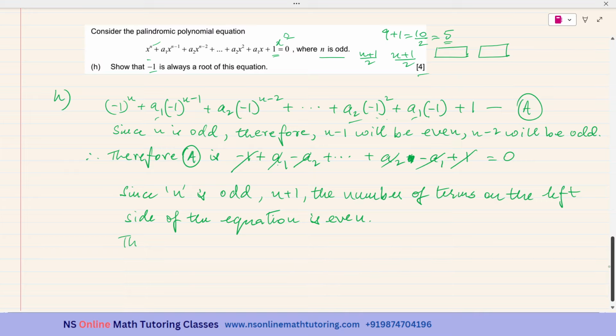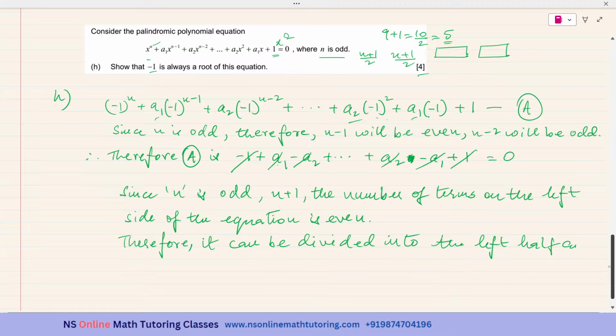Therefore, it can be divided into the left half and the right half with n plus 1 over 2 number of terms present in each half.